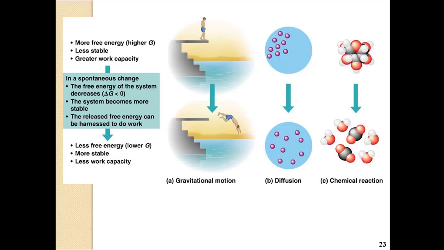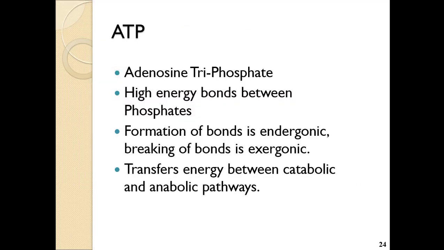Now, the transfer of this energy takes place through a molecule called ATP primarily. This is adenosine triphosphate. It has high energy bonds between the phosphate molecules, meaning that there are high energy electrons stored here. The formation of these bonds is endergonic, meaning that we have to put in the energy to build ATP.